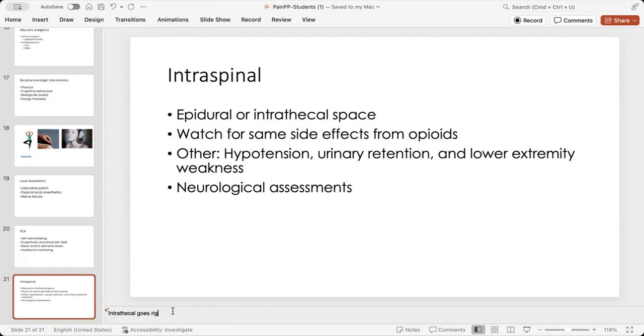Also known as the subarachnoid space. Okay. Usually morphine, usually it's just a single bolus, so like a one-time injection, to help with pain. An example of that would be a hysterectomy, right? The client's going for a hysterectomy. If we give a one-time dose of medication, that'll help with the pain during the surgery.